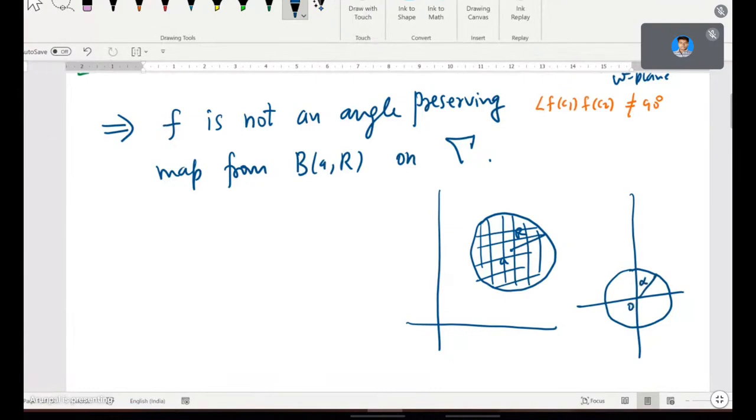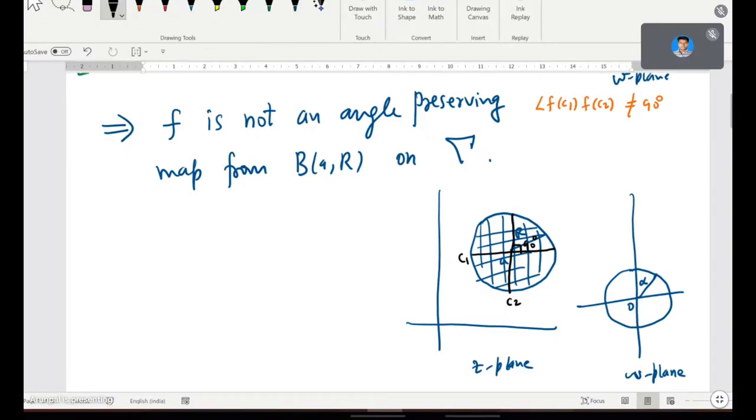Are you clear up to here? Yes. So it means whatever you take here, for example these two curves, suppose one curve is C1 and one curve is C2, the angle between C1 and C2 is 90 degrees. Is this okay, class?